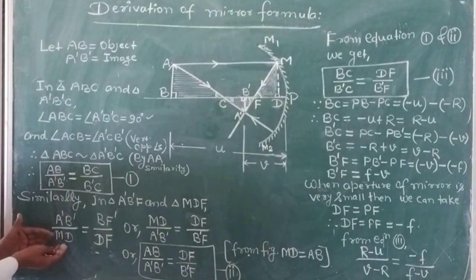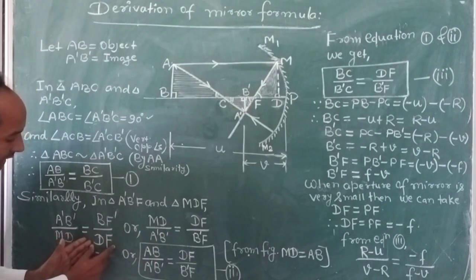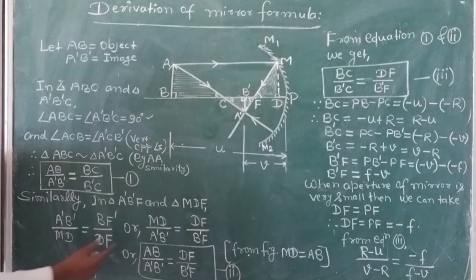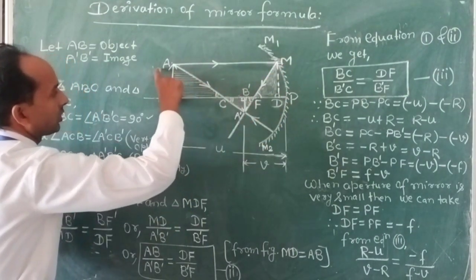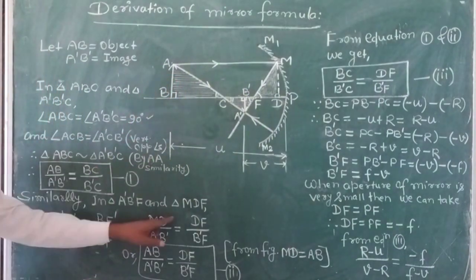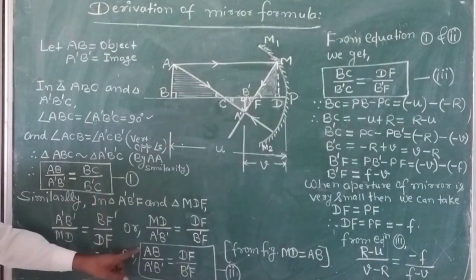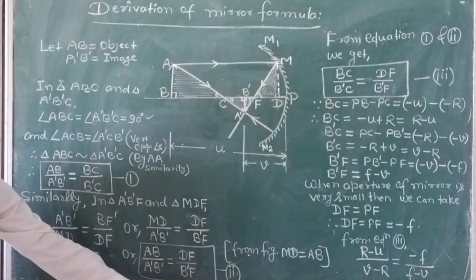That means MP upon A dash B dash equals PF upon B dash F. From the figure we see that MP is equal to AB. So we can write AB upon A dash B dash equals PF upon B dash F.